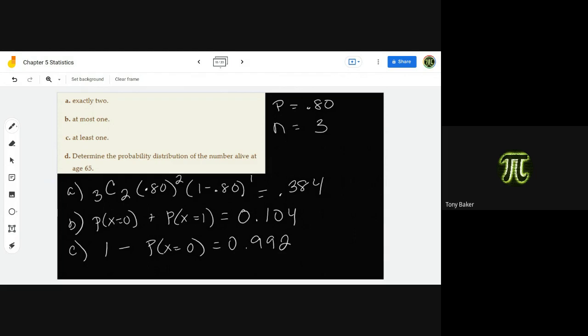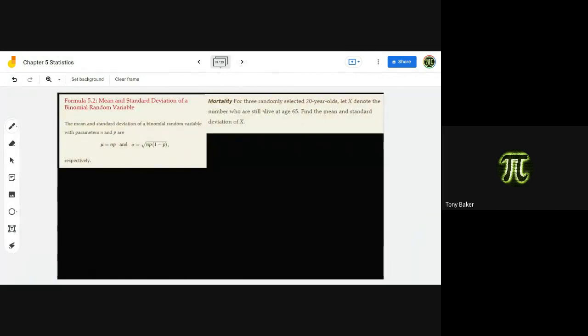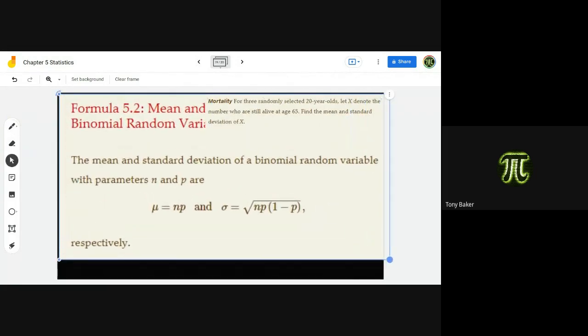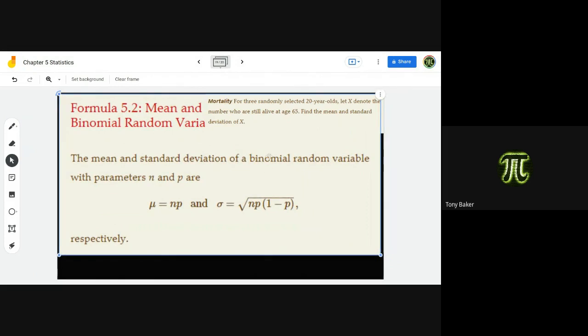All right. We're going to look at the standard deviation and the mean for these, and then we're done. All right, so here are the standard deviation and the mean formulas.